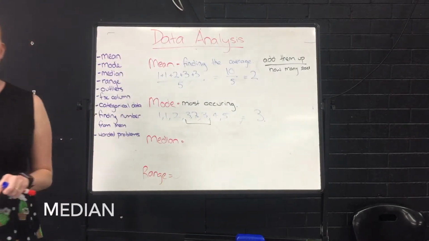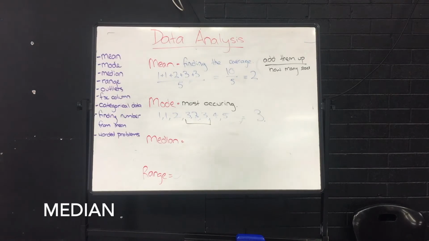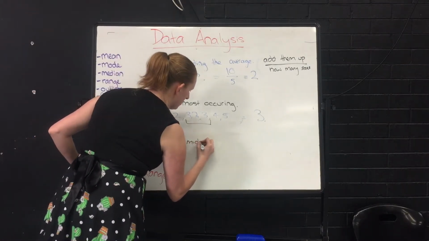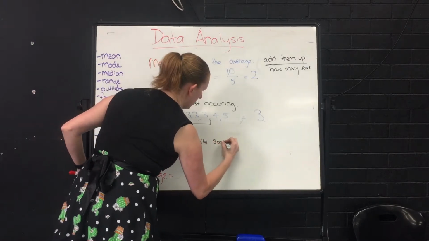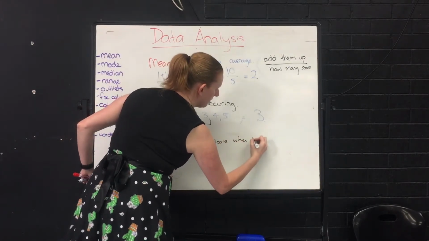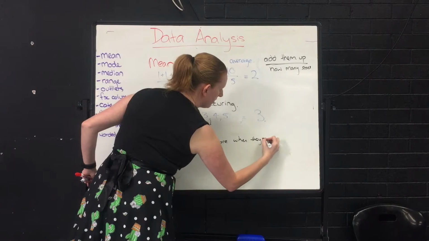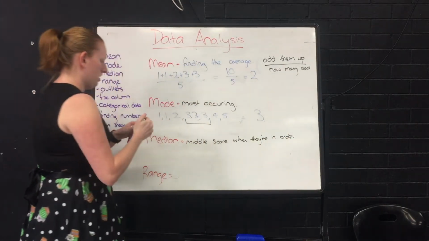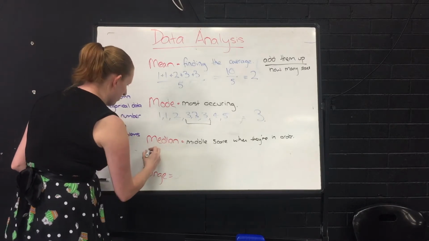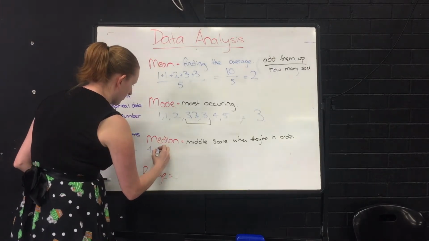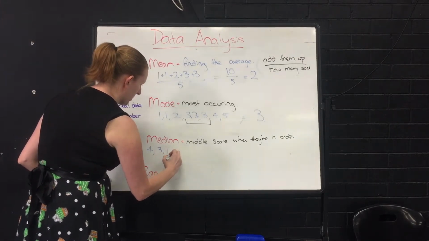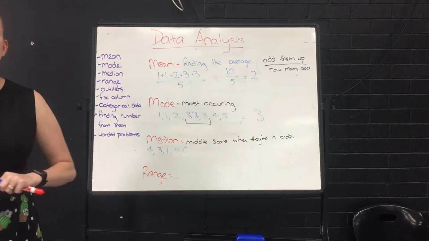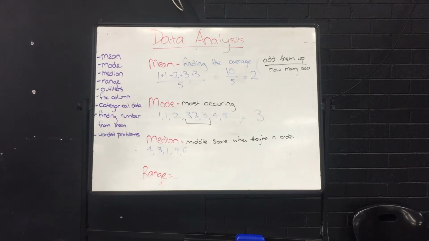Great, what about median? So if I've got the numbers 4, 3, 1, 9, 6, what do I have to do first to those numbers before I can find the median?